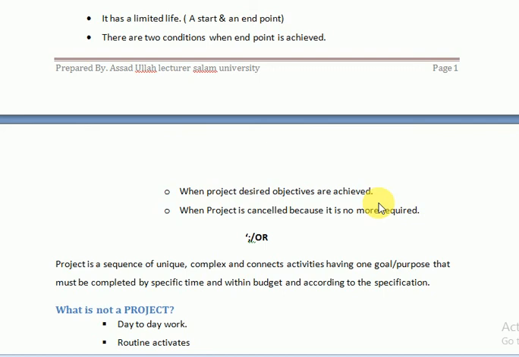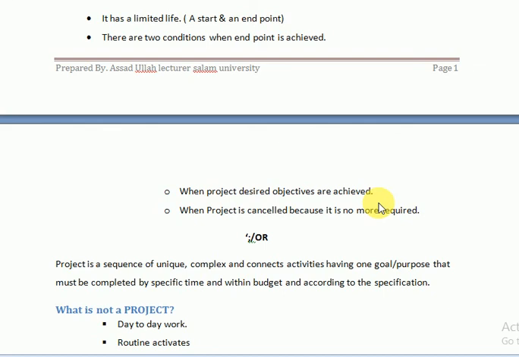One shot means limited life. Short doesn't mean, I repeat, short doesn't mean a less period of time. Short here means one shot, meaning that their starting and ending times should be specified.